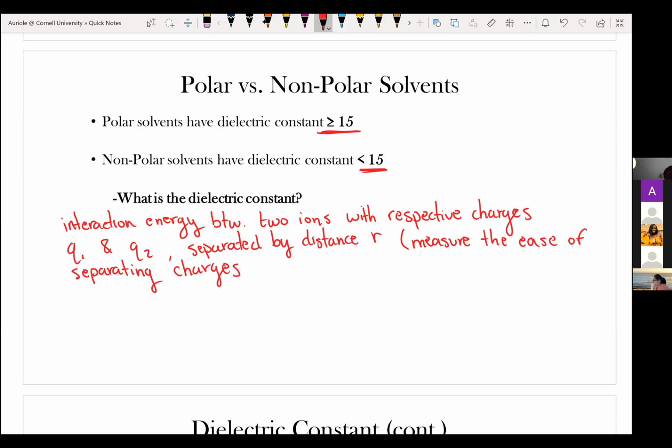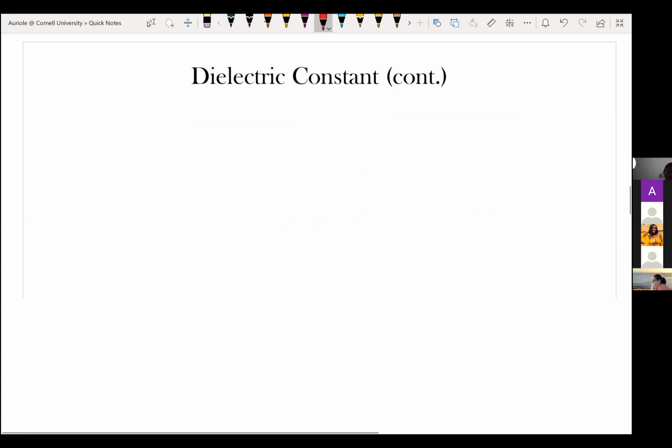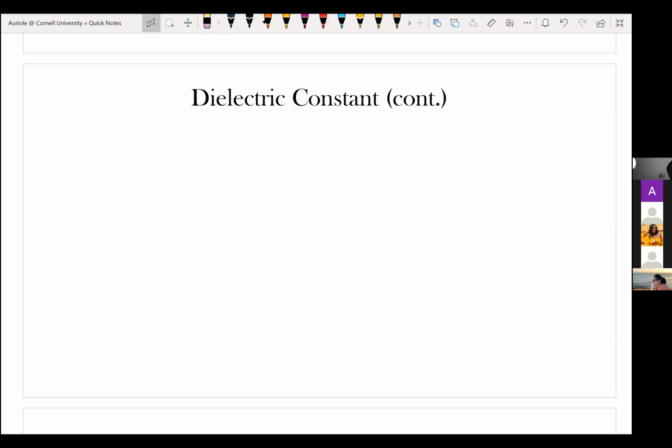And so let's look at what the equation for the dielectric constant is. Let's say we have E, which is just going to stand for energy in this case. And we do k, Q1, Q2, divided by this dielectric constant, which we are going to represent by this Greek symbol epsilon, multiplied by r, which is going to be our distance.